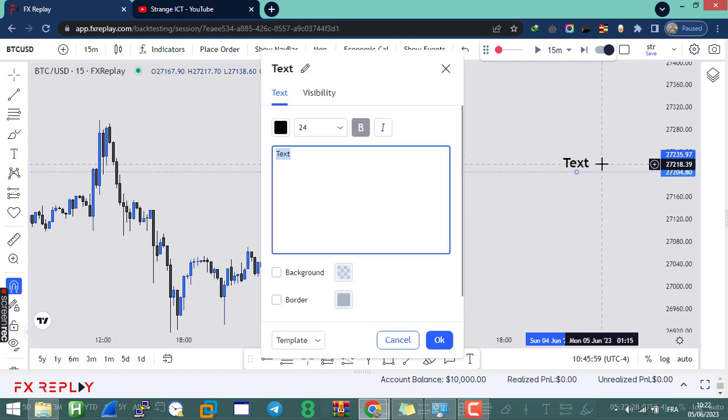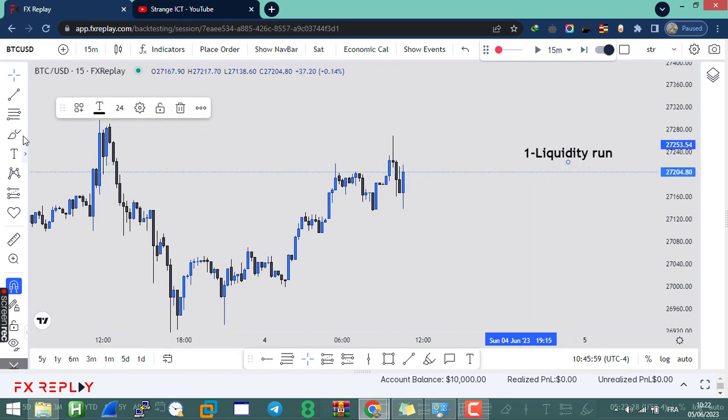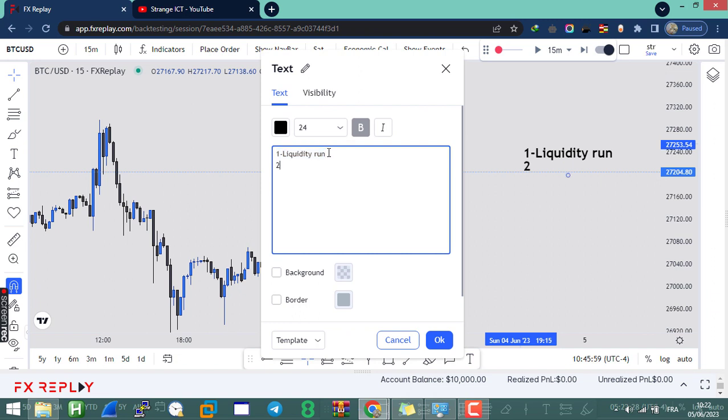So the first condition of the strategy is a liquidity run. You want to see price raiding a liquidity pool. That is the first condition. The second condition is you want price to reject from a higher time frame PD array.